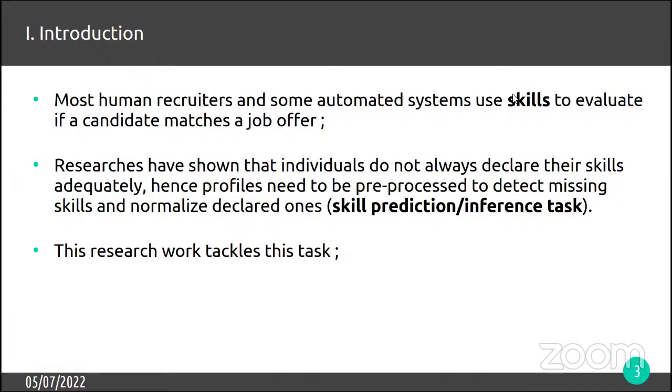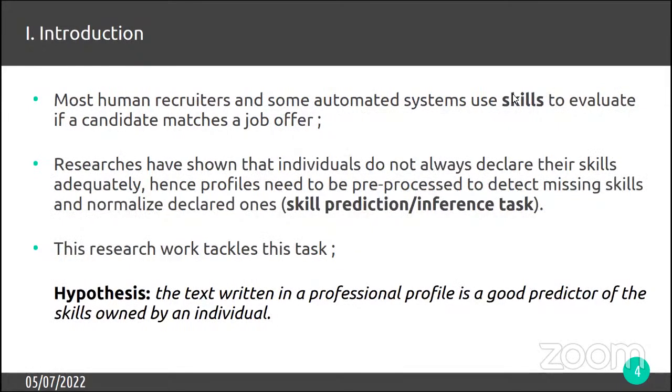And this paper presents a method to tackle this task with the following hypothesis: the text written in a professional profile is a good predictor of the skills owned by the individual. And when I say the text, what I mean is the most significant terms, which are domain-specific terms. So it's a lexical approach, but I'll explain this later.